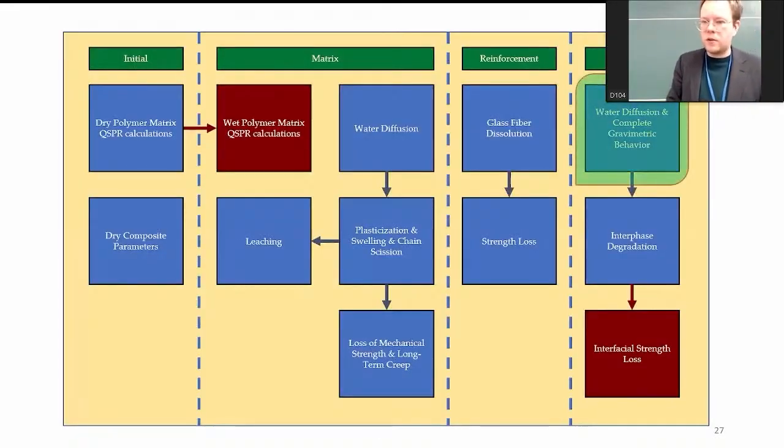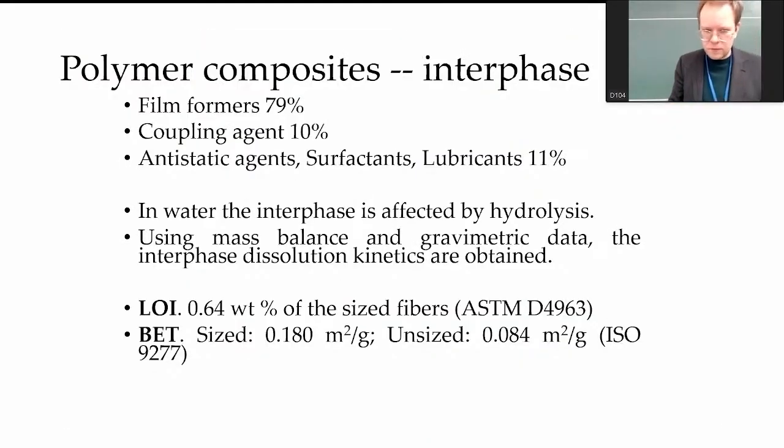So if we take a look at the same principles of, let's say, polymers and interface, it is mainly made up of a polymer itself, but a different type, and also there are chemicals that bridge the fiber with the matrix. Typical interface composition is about 80% film formers, coupling agent about 10%, and other chemicals about 10%.